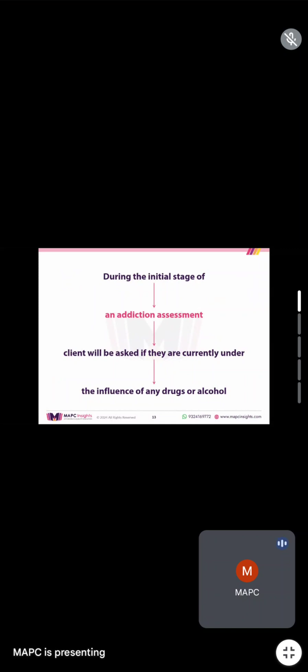During the initial stage of addiction assessment, the psychologist will first ask the client, are you currently under the influence of drug or alcohol? Are you in a normal state or are you under the influence?